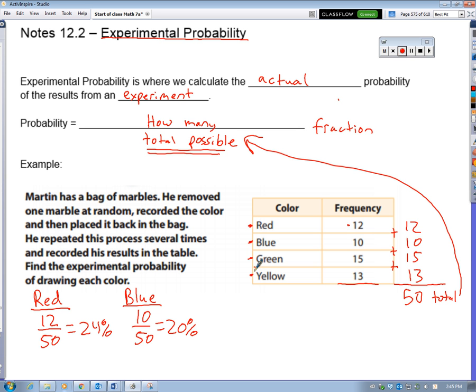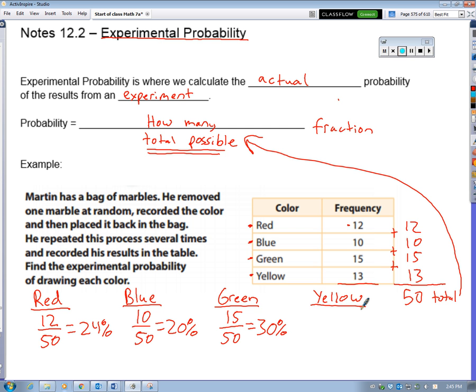The next color we have is green. We have 15 out of 50, and that gets us 30% when you calculate that out. The last one we have is yellow.